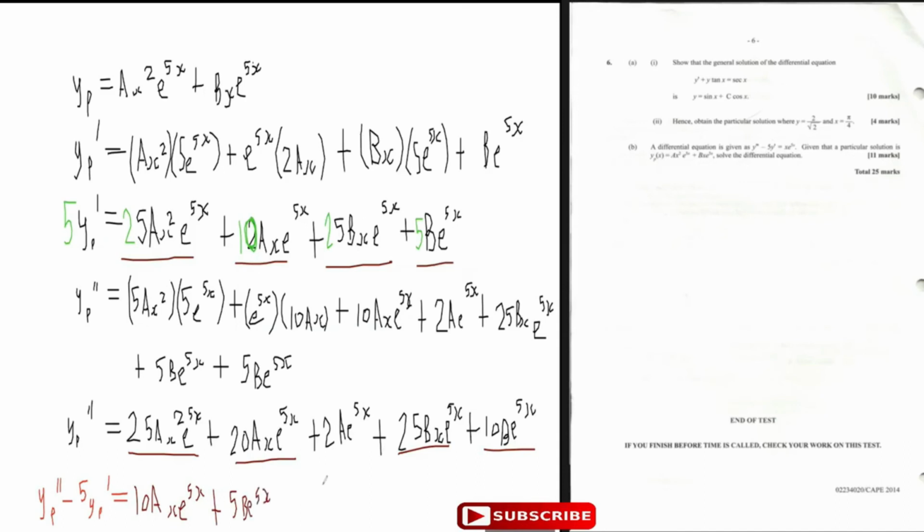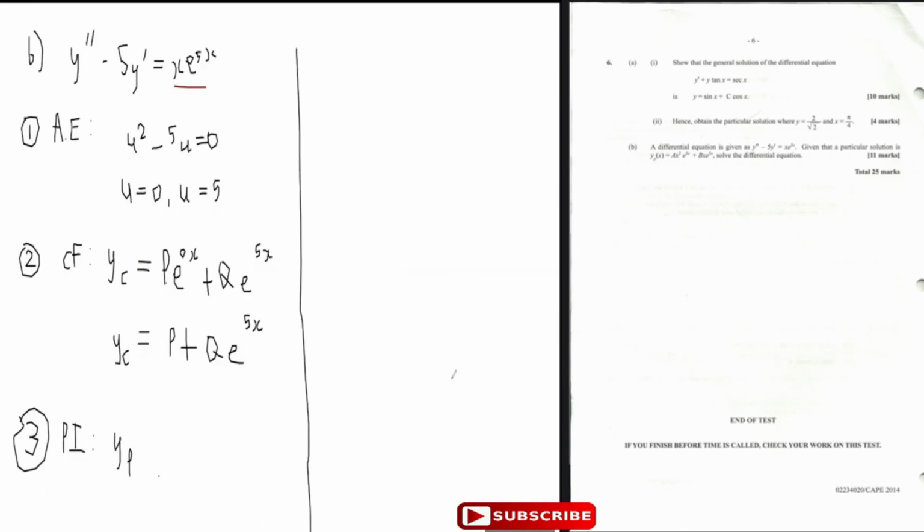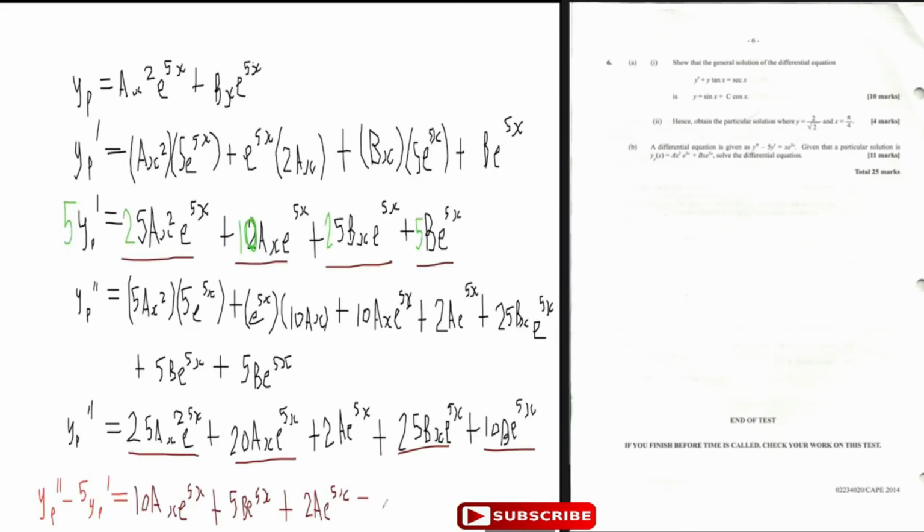And I have plus 2a e to the 5x. And of course, the question had said that all of this is equal to x e to the 5x. So we can write that around here, that this is equal to x e to the 5x. Nice.